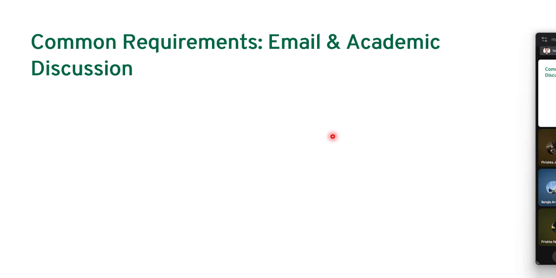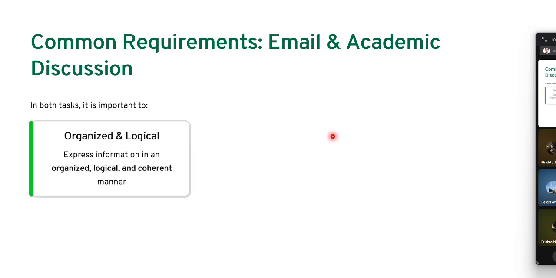What are the common requirements we need to fulfill to have a complete, highly scored response? First of all, in both the email and academic discussion tasks, the important thing is that the text we write should be organized and logical.